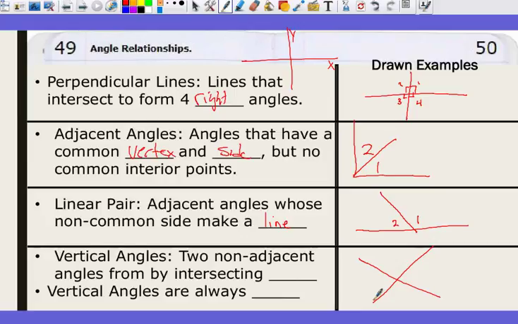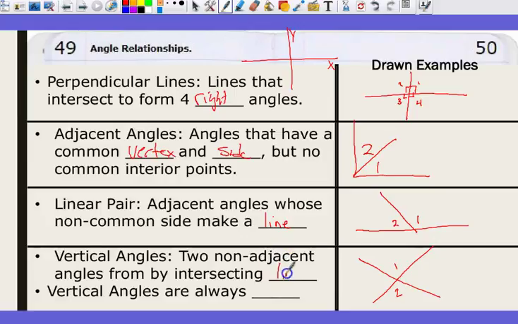Carissa? All right. So in this example, this and this are vertical angles. Also, these two are vertical angles, but I don't want to label those because that might confuse people. Vertical angles are formed by intersecting what? What did I intersect? Two lines.